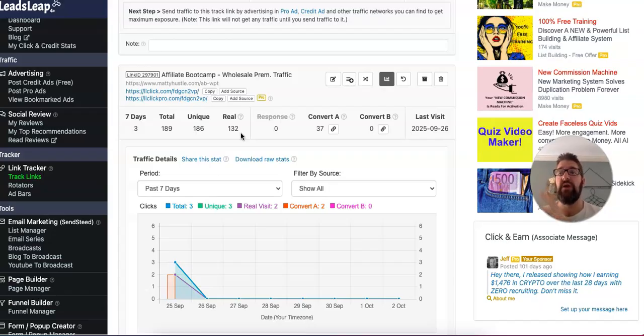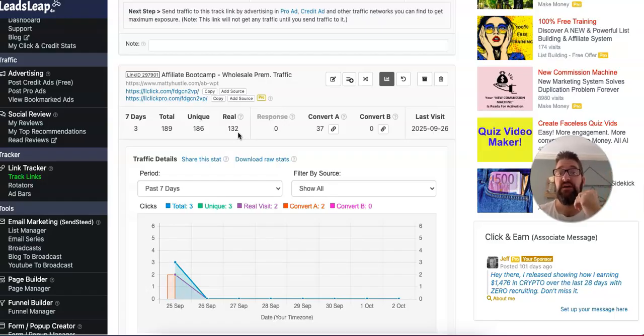So right off the rip, I know from this particular vendor, I got 132 real visitors out of 200. So that means I was missing about 30 something, almost 40%, right?